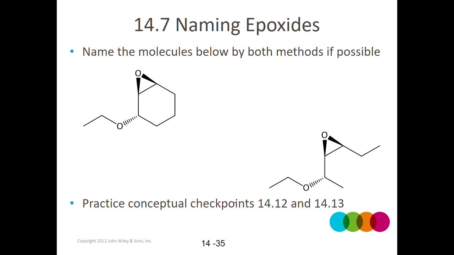So let's say we're naming these epoxides. For me to name this as an oxirane and then try to name this as a substituent and this as a substituent, that's not going to work. There's no way of doing that. So really what we need to do is to name this as my parent chain, and then the oxygen as a side group, and this as a side group. So the parent chain here would be cyclohexane.